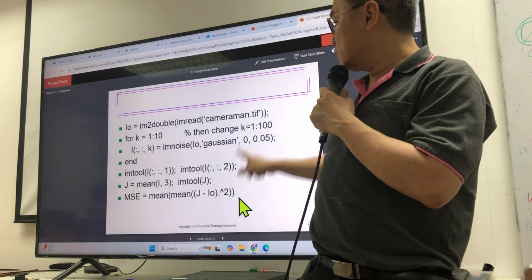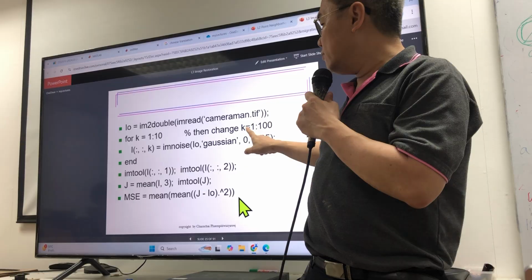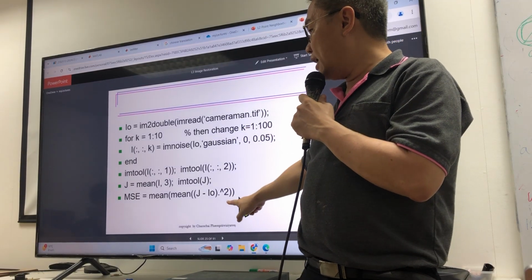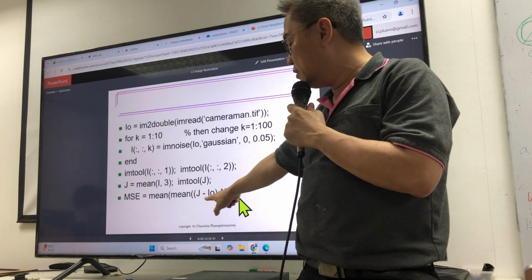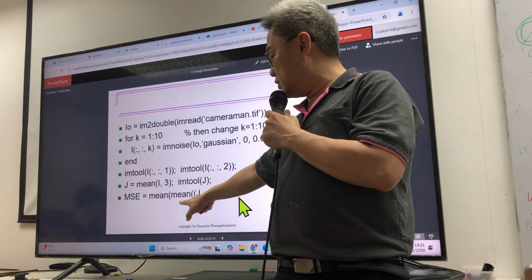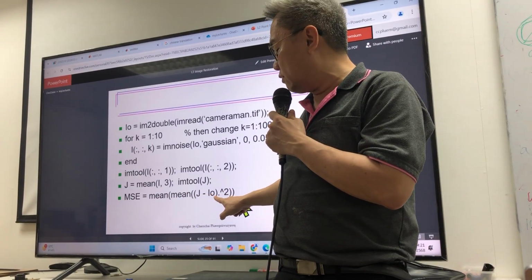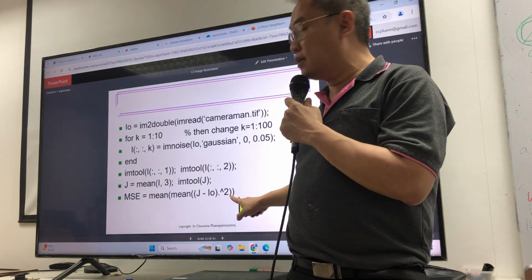And then you're supposed to do it again when K from 1 to 10 and when K from 1 to 100. You see that if K equals 10 and K equals 100, at the end you got mean square error. We use this mean of J minus I0, dot square. Okay, this is the MSE.